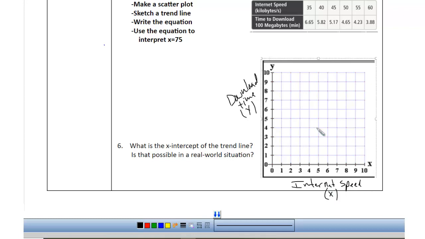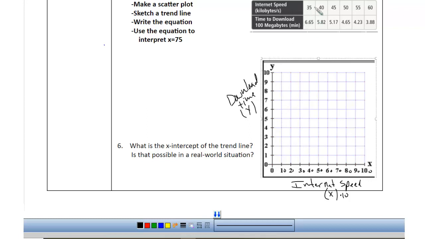That'll be your x. And so I'm going to go ahead and make all these times 10, so this is going to be 10, 20, 30, 40. We're just going to scale all these up and multiply them all by 10.